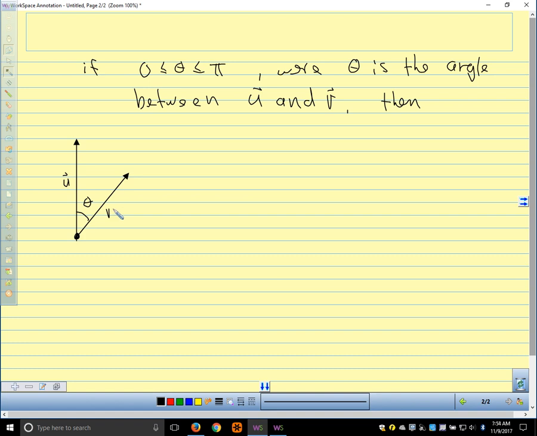U and V. The cosine of the angle between the two vectors is U dot V over the magnitude of U times the magnitude of V. Or, the other way we can write this, U dot V equals the magnitude of U times the magnitude of V times the cosine of theta.